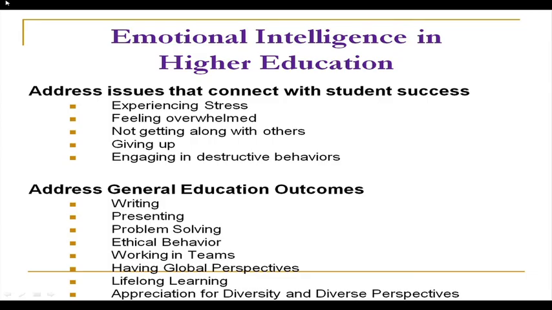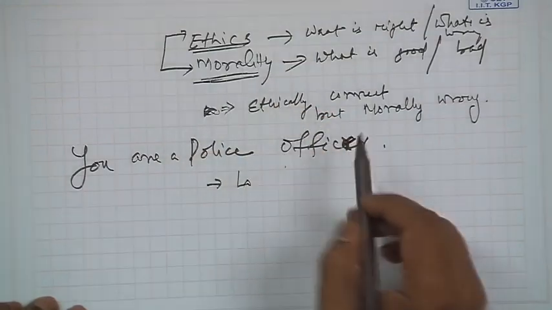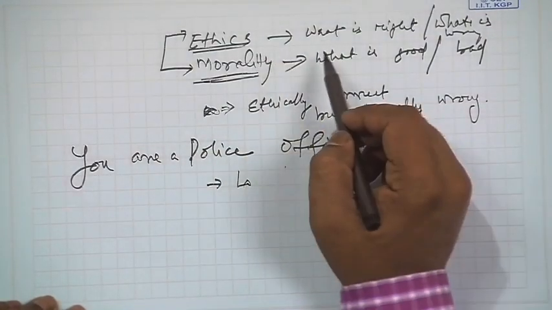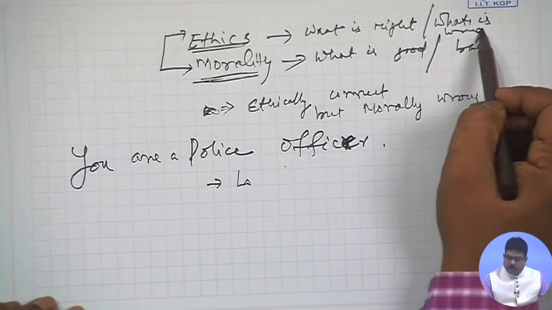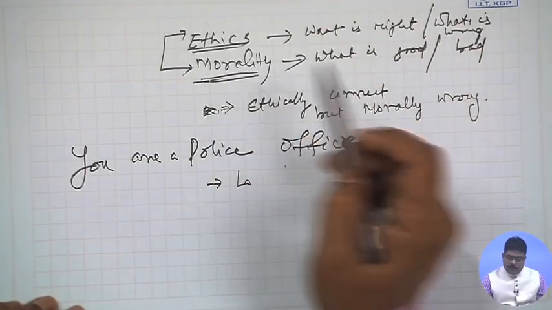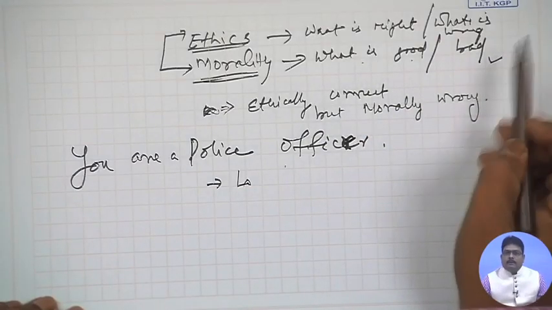So, when you talk about ethics, at the same time we talk about morality. Are they the same or are they different? Ethics always focuses on what is right or what is wrong, while morality focuses on what is good or what is bad, right?